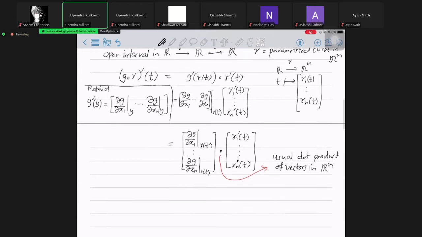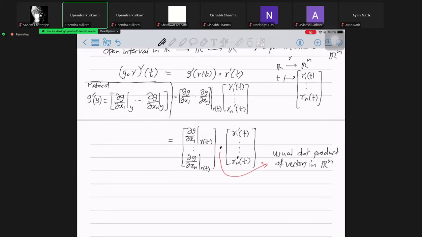Okay, so what I want to do is I will give this a name. Call this delta G of gamma t.